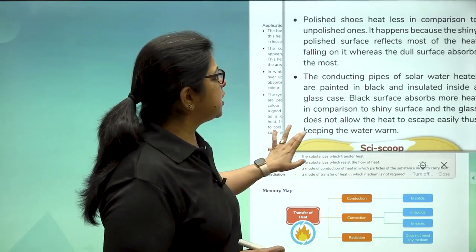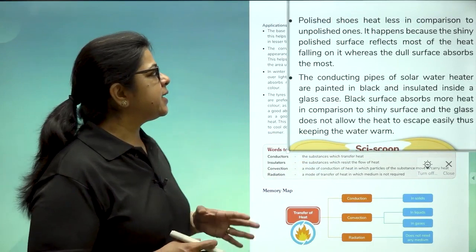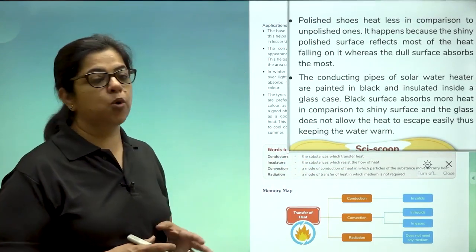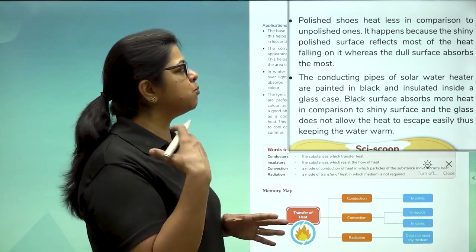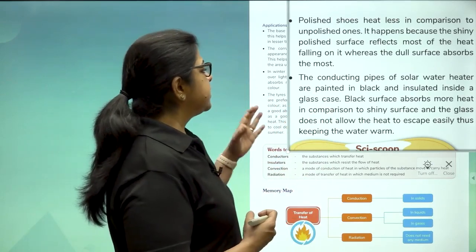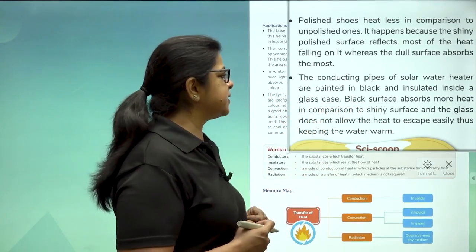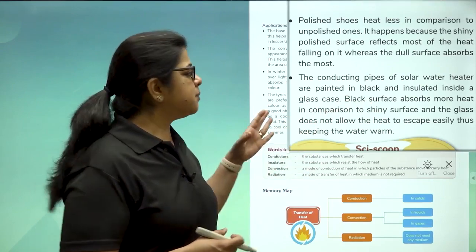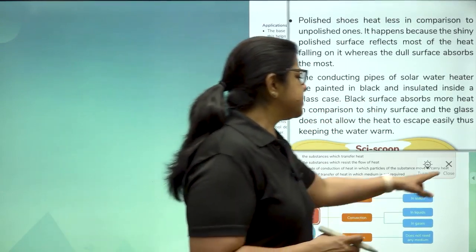Now let's go to the other two main points. Polished shoes heat less in comparison to unpolished ones. It happens because the shiny polished surface reflects most of the heat, whereas a dull surface absorbs the heat. The conducting pipes of a solar water heater are painted black and insulated inside a glass case. The black surface absorbs heat in comparison to the shiny surface.